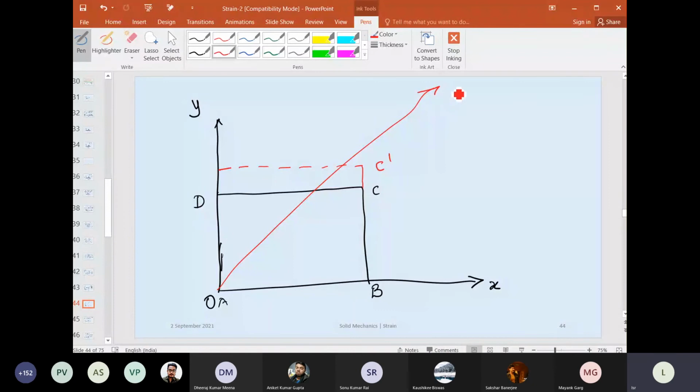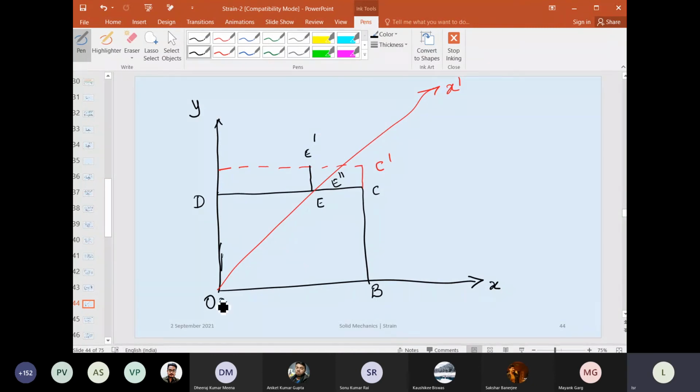I call this x prime. My extension along the y direction is, let us say, E dash, then I will draw a perpendicular, E double dash.